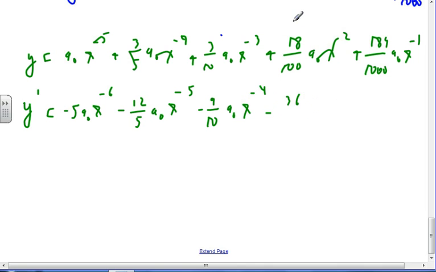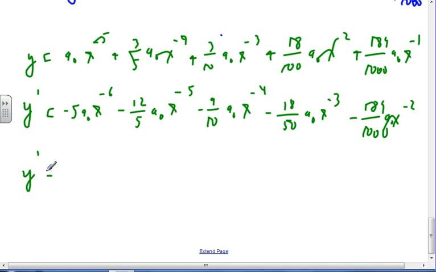Why would we want to go 36 over 100? We wouldn't. We'd want to go 18 over 50 a0 x to the minus 3 minus 189 over 1,000 a0 x to the minus 2. Okay, and we need 2 of those guys? Yeah, we need 2 of those guys.